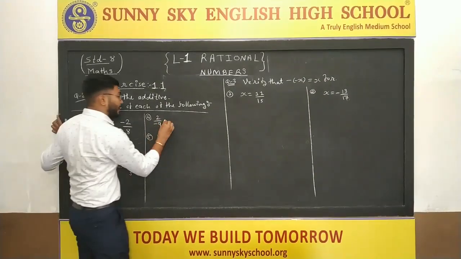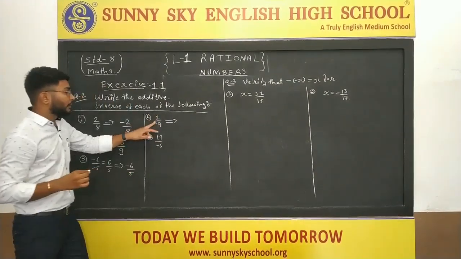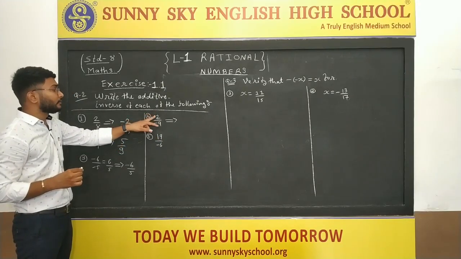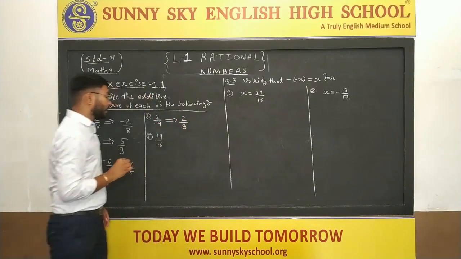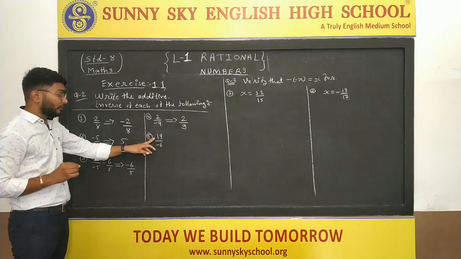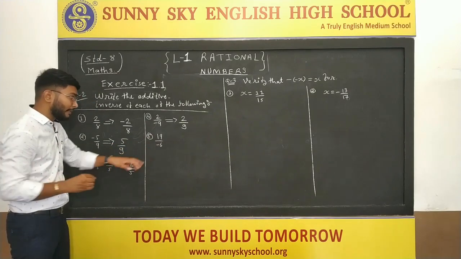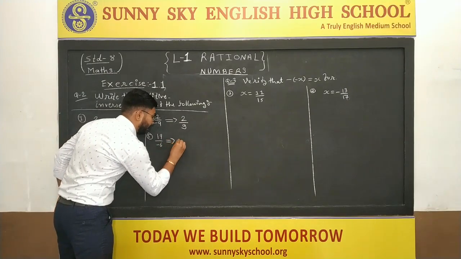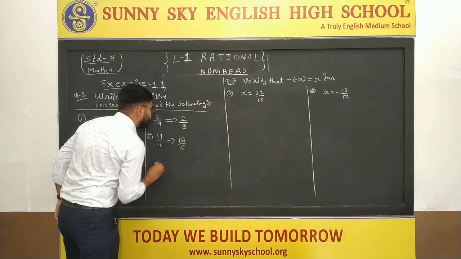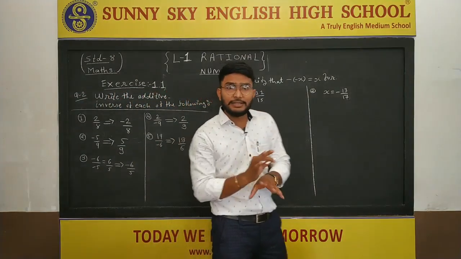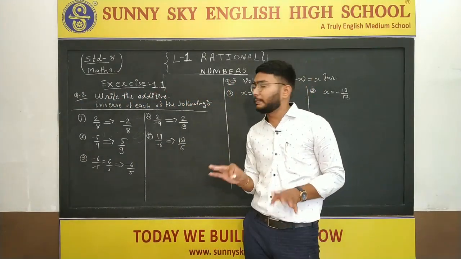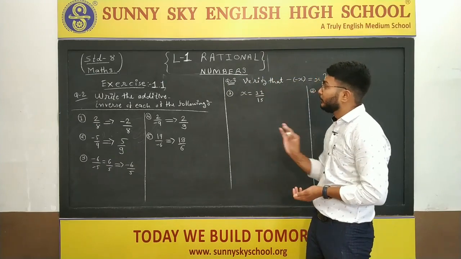Then here 2 by minus 9, the additive inverse of 2 by minus 9 is plus 2 by 9. Here the additive inverse of 19 divided by minus 6 is 19 divided by 6 only. It means in additive inverse you just change the sign: plus then minus, minus then plus. It is simple and very important also.